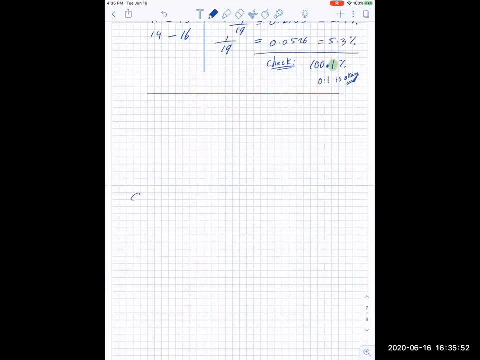Cumulative frequency distribution. Let me explain.